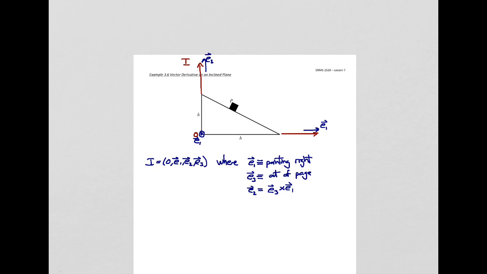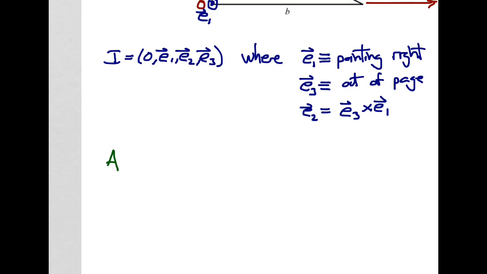Let's define our next reference frame. We're going to call this the A reference frame. I'll put this in green. The A reference frame has an origin, which we'll call O prime. We'll stick with our convention in which we say basis vectors A1, A2, and A3.